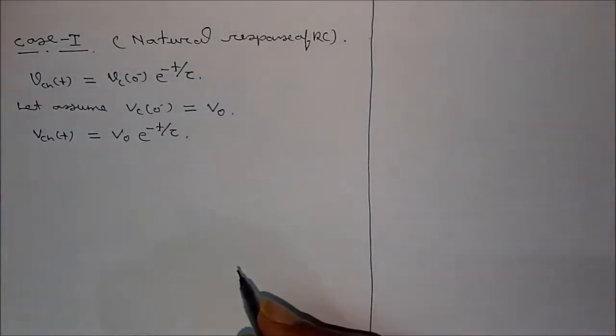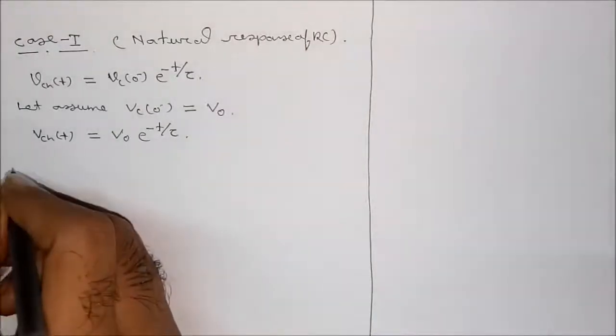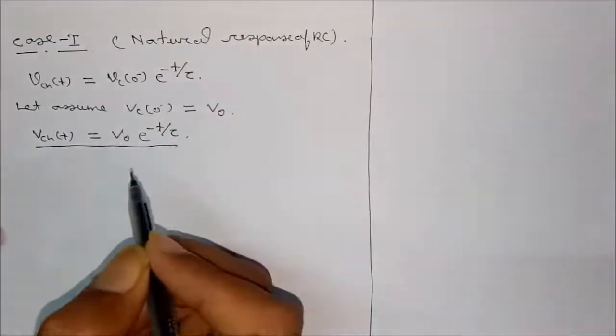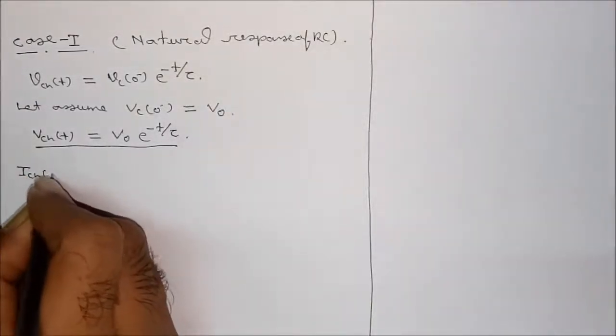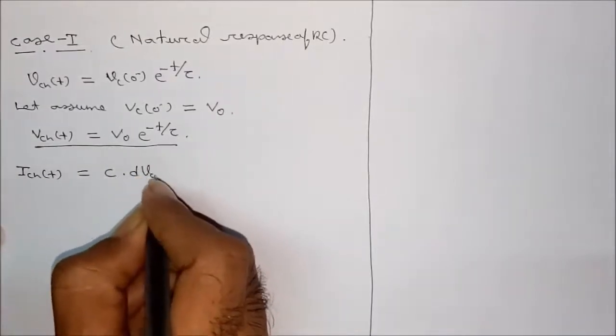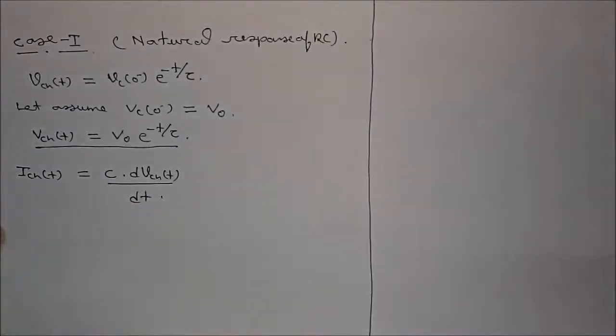Now, if this is the voltage expression, what is the current expression for the capacitor? Icn(t) is equal to C dVcn(t) divided by dt.